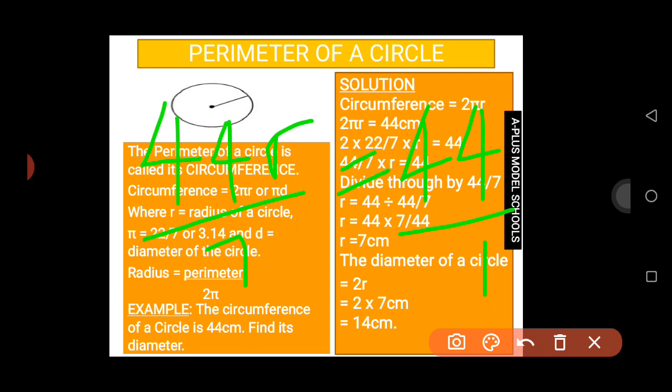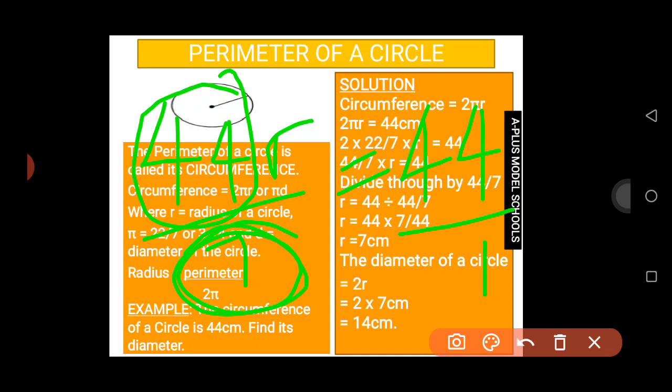Now if you want to remove, when you look at your r, it has a coefficient of 44, which is the number beside your r. When you look at your 44 and your r very well, you notice that the sign between them is multiplication, and divided by 7 here. So I will first remove this denominator, which is 7. The relationship between the numerator and the denominator is division, so the best thing to do is multiply both sides by 7.